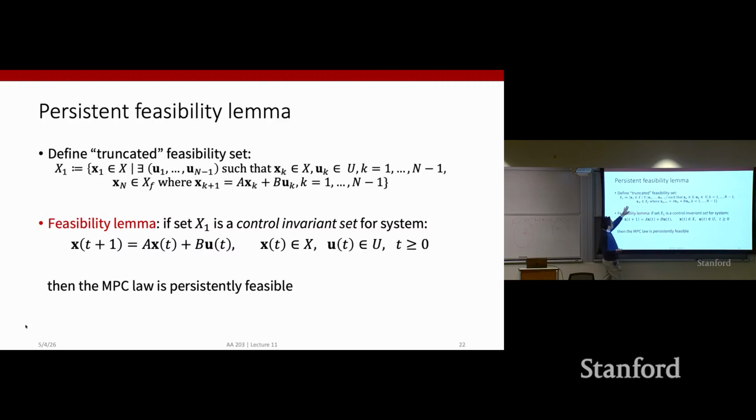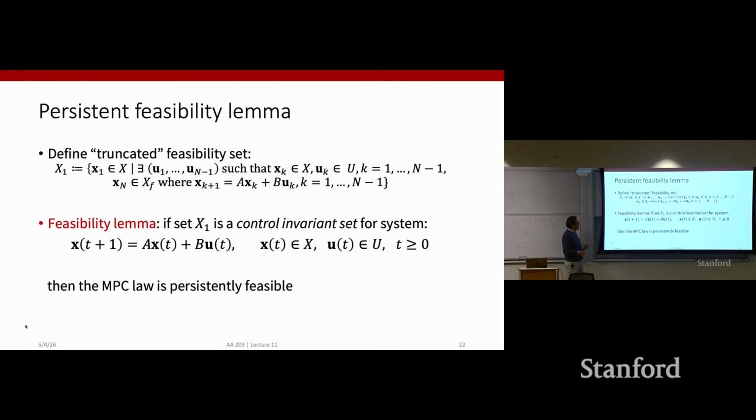So this is the set of states such that there exists a truncated control sequence starting from U1 and not U0, such that it is feasible, that U_k belongs to U, and so that under the application of the dynamics, the states satisfy the state constraints and satisfy the terminal constraint.